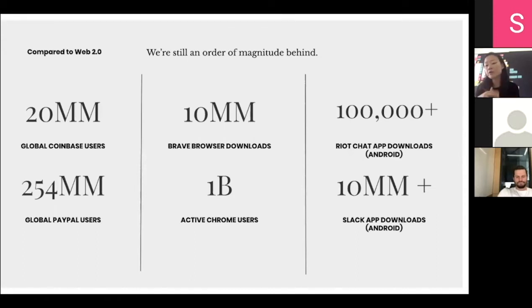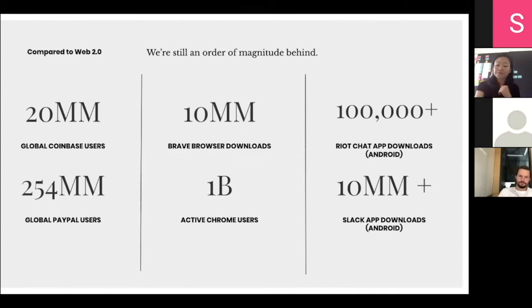And comparing decentralized chat users, we have maybe 100,000 Riot Chat app downloads on Android compared to over 10 million plus Slack app downloads on Android. So we're still at the tiniest fraction of where we can be and where we hopefully will be in a few years.